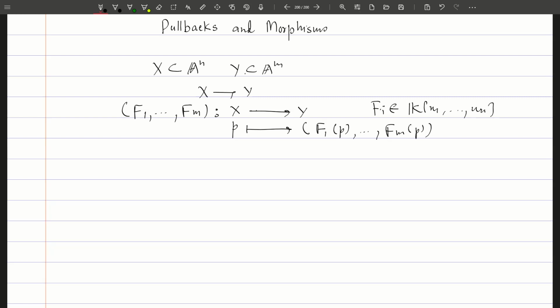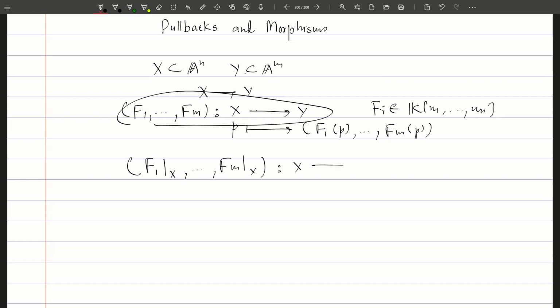Now, given a polynomial map, if I restrict each polynomial to X, then this map defines the same polynomial map.